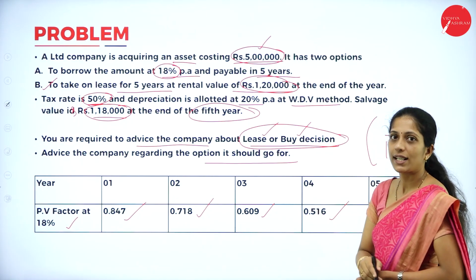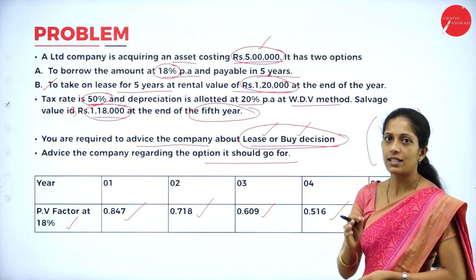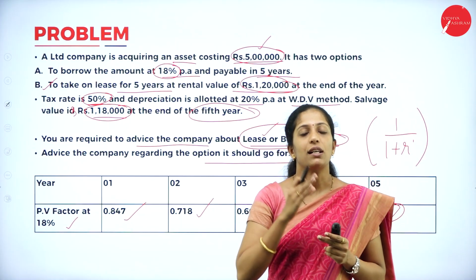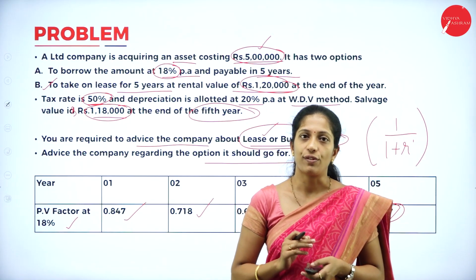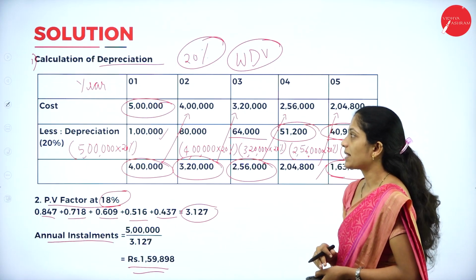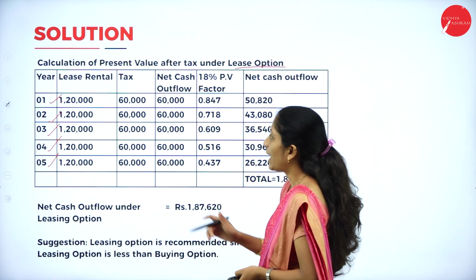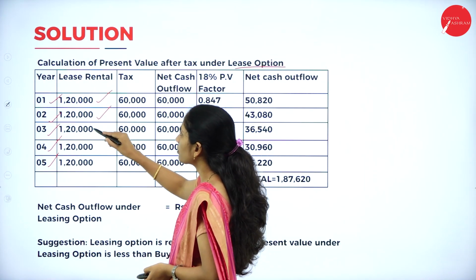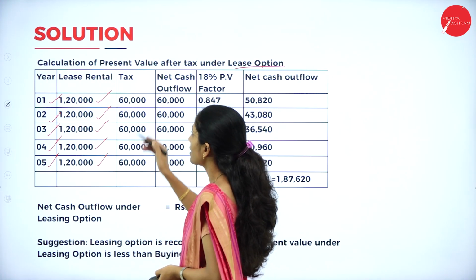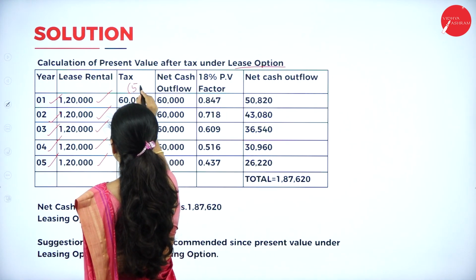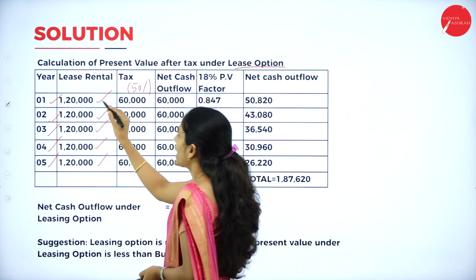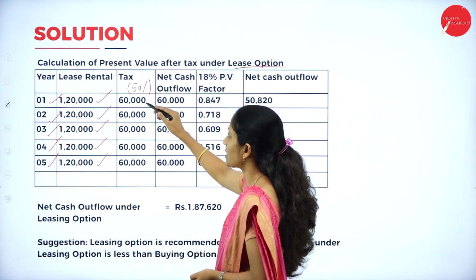That is 1,20,000 for 5 years. In the sense, they are going to pay 1,20,000 each and every year for 5 years. So lease rental remains same. That is 1,20,000. Next, tax, they have given 50% tax. So calculate the tax. So 1,20,000 into 50%, that is 60,000.